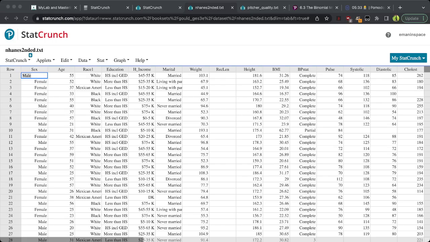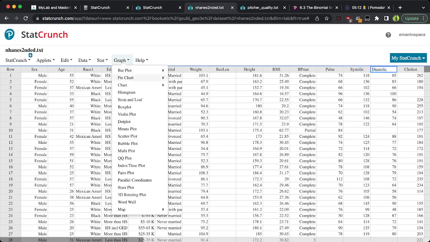Here we have some data from the Haynes dataset. It collects things like the sex of the person, their age, their race, their marital status, their weight, all sorts of stuff. We're going to be interested in particular in weight, and you can also see they have pulse rate, systolic, and diastolic blood pressure. So we're going to look at some graphs.